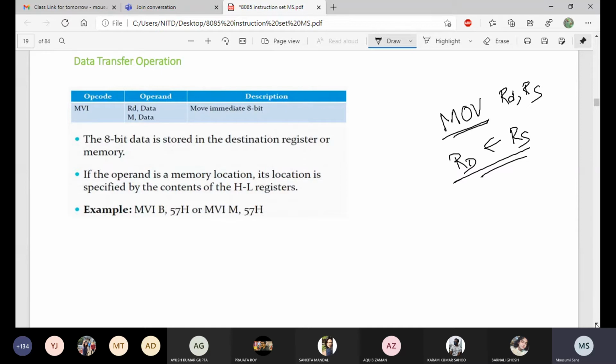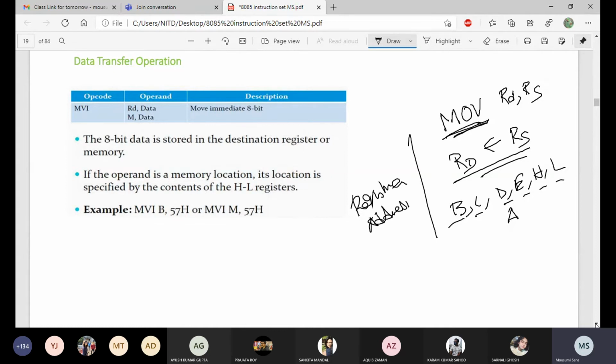Now what are the registers you have? B, C, D, E, H and L registers, all are 8 bit. If you use the move instruction, at that moment you have to consider the 8 bit registers. Another register is the accumulator.